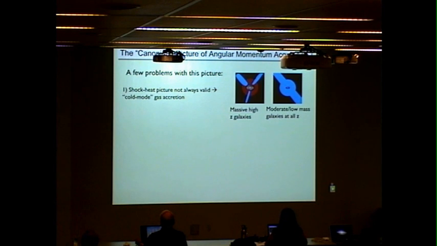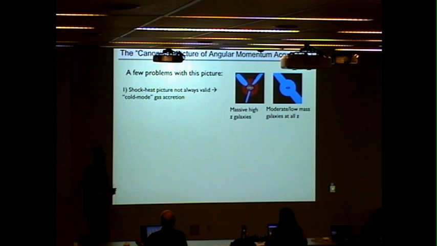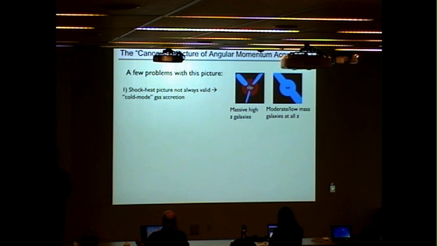You also have this cold mode accretion at lower masses, at all redshifts. So this picture of the gas acting the same way as the dark matter and having the same spin doesn't really apply anymore.